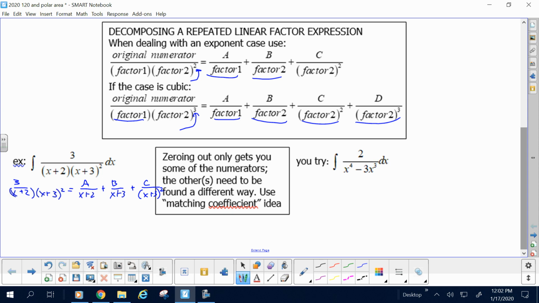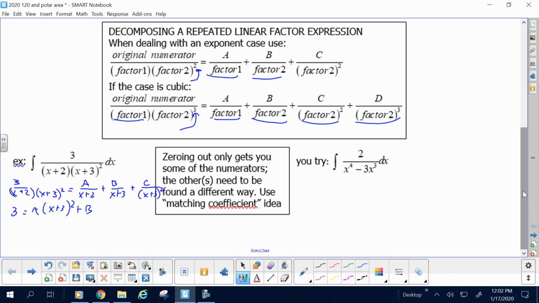Now when I clear the fractions, I get 3 equals A times x plus 3 squared, B times... Wait, why would it only be squared? Shouldn't it be cubed? No, squared. So what's the common denominator you'd multiply by?